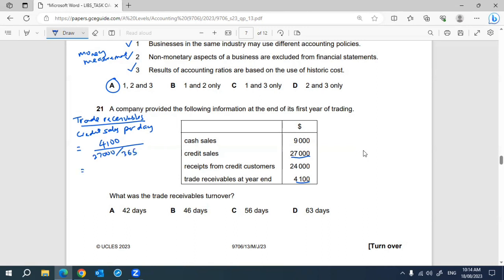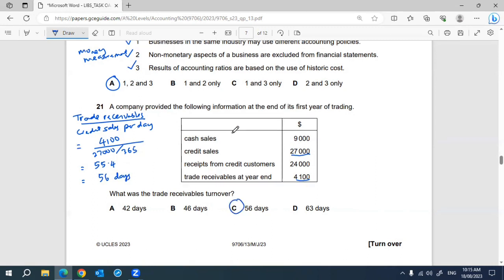So this would give you an answer of 55.4 days. Now, it is always prudent to report your number of days. So therefore, we would always round up to the next number, which is 56 days. So therefore, the correct answer is C.